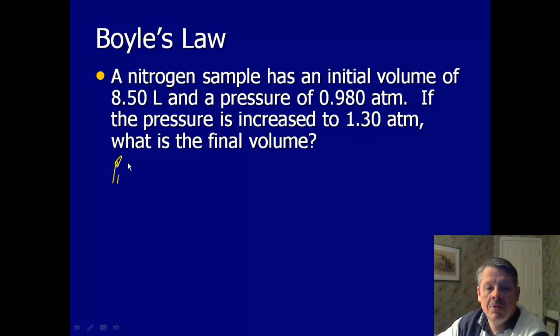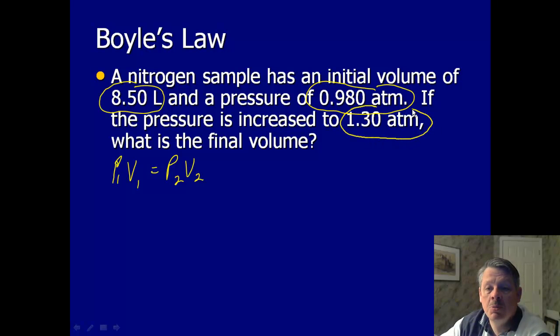Okay, so let's go ahead and do a mathematical example of this. We have P1V1 equals P2V2. That's Boyle's law. We have an initial volume here of 8.5 liters and an initial pressure of 0.980 atm, and we're changing the pressure to 1.30 atm. Now before I go any further, notice that your units here are both atmospheric pressure.